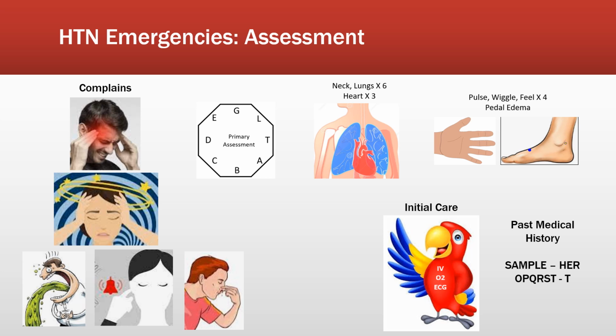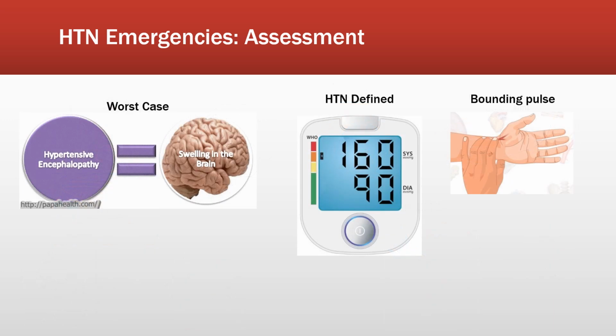Initial paramedic care, IV, O2, monitor, just like our parrot, and get your past medical history. Look for signs of hypertensive encephalopathy, or that brain swelling: severe headache, nausea, vomiting, visual disturbances, could be even transient blindness, paralysis, seizure, stupor, coma.